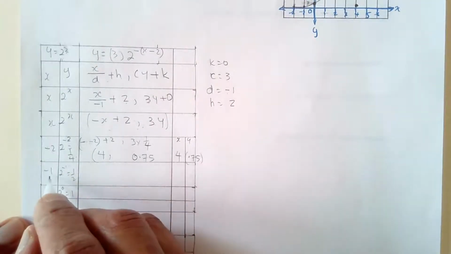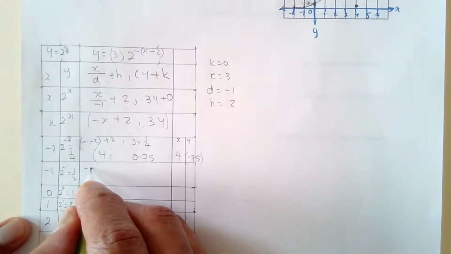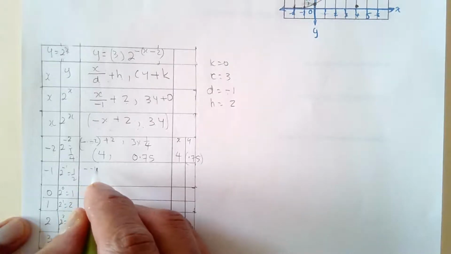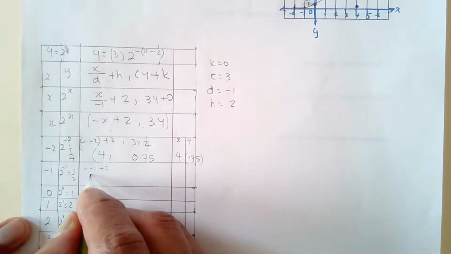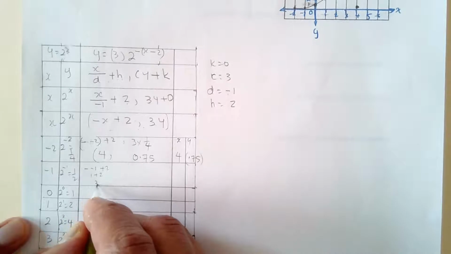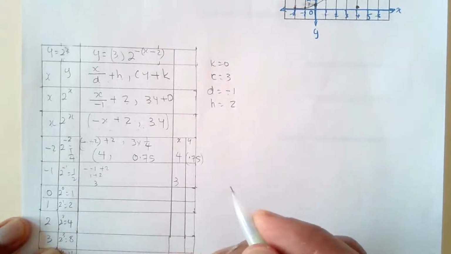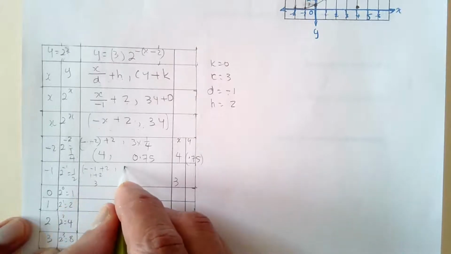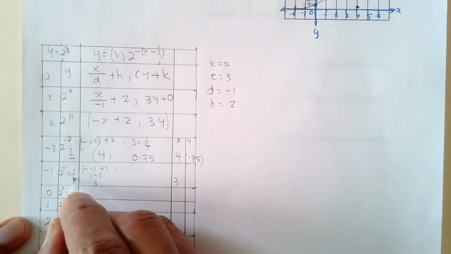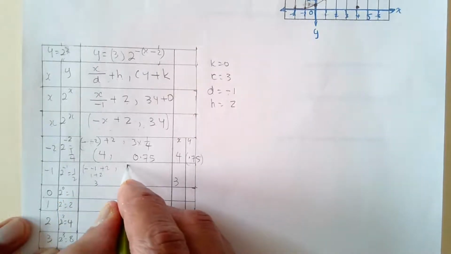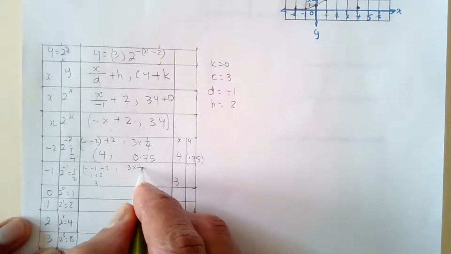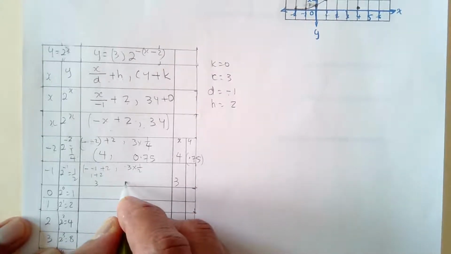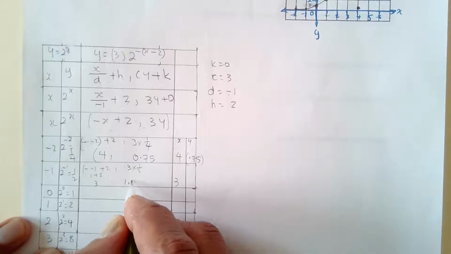Now, x is -1, so we have negative of -1, which is 1, plus 2 gives me 3. Then we have y as a half, so 3 multiplied by a half gives us 1.5.